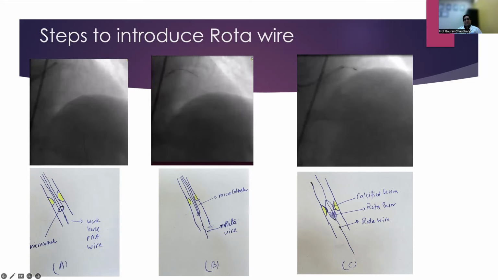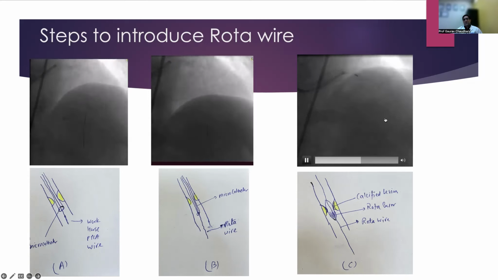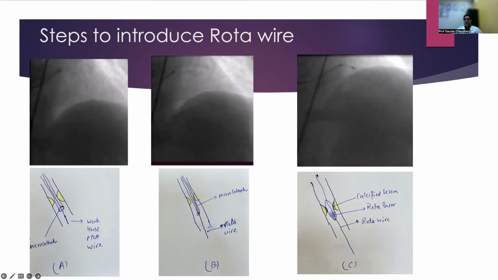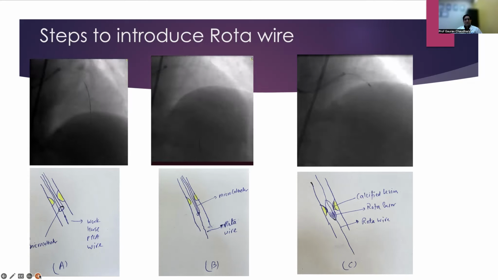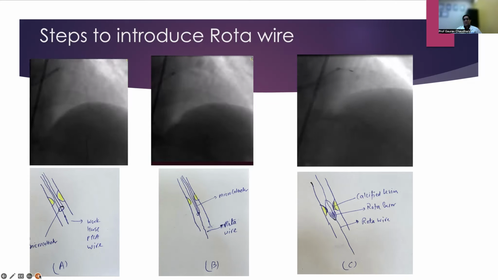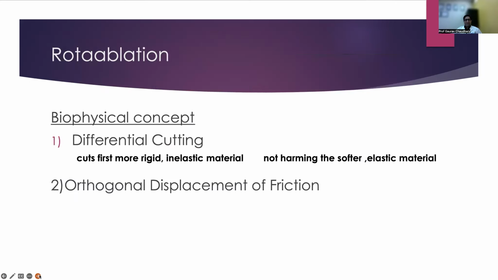In this microcatheter, a rotawire is crossed, and over this the rotaburr is advanced. Sometimes, if the lesion is very critical, we may need to directly negotiate the calcific lesion with the rotawire itself. But many times it is difficult because it is hard to manipulate this wire.